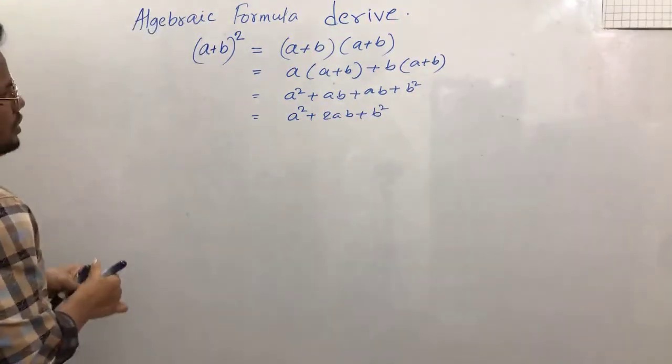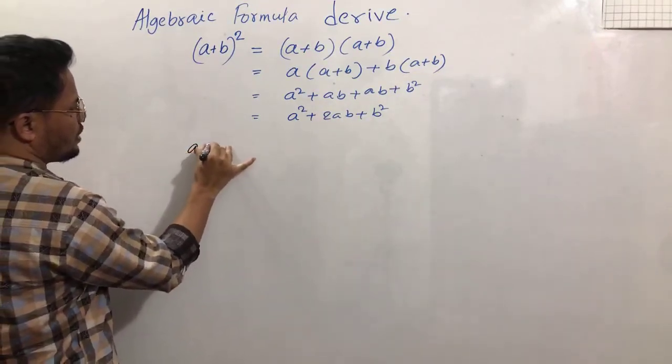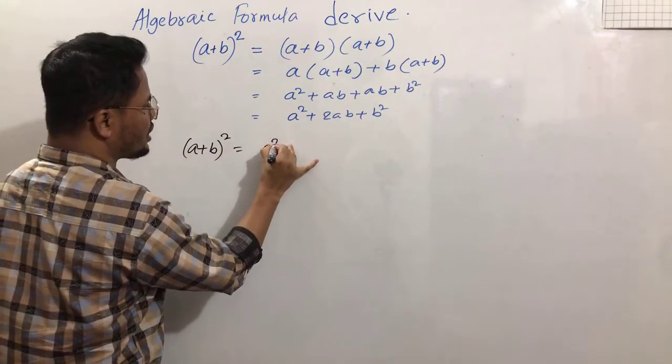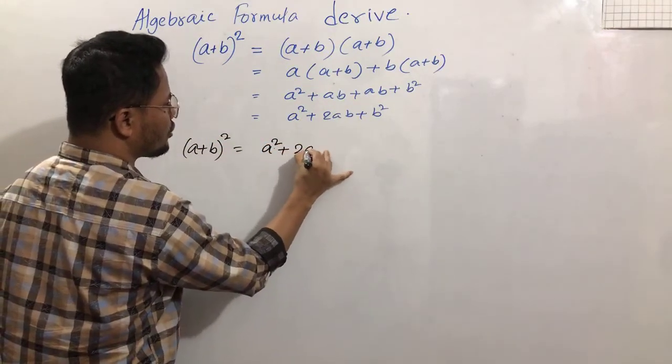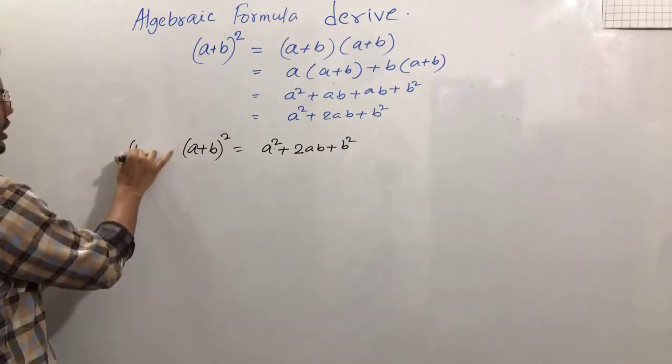So generally we can say a plus b whole square comes from the multiplication of a plus b with another a plus b, and this is the first formula.